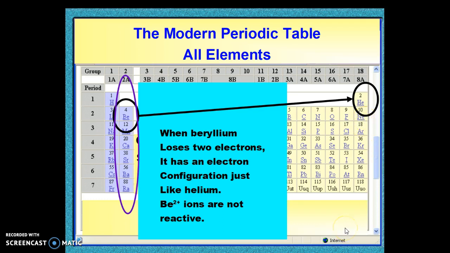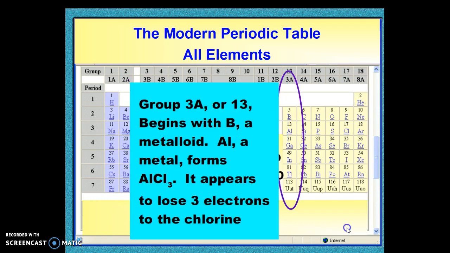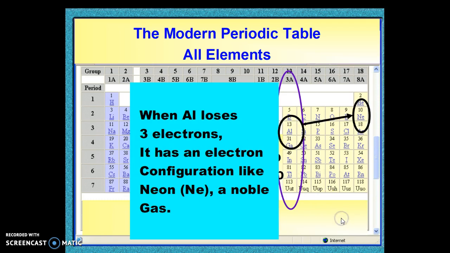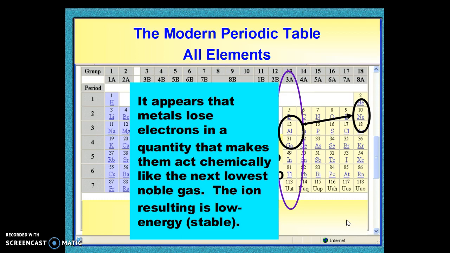They have electron structures just like the noble gas below them. They don't react. Group 3 begins with boron, but boron is not really a metal. But aluminum, as we know, loses 3 electrons of its 13 and has an electron structure just like neon, a noble gas, and it's non-reactive.